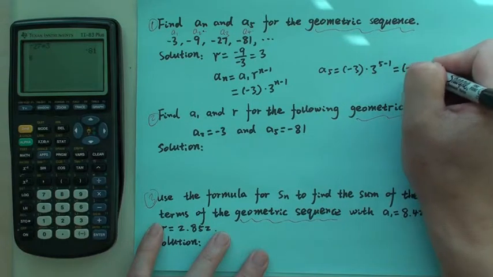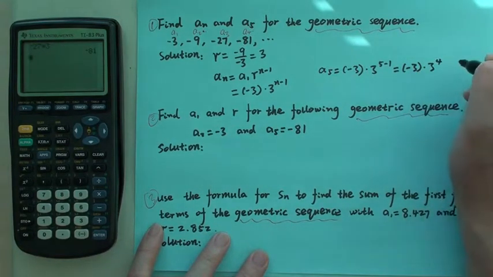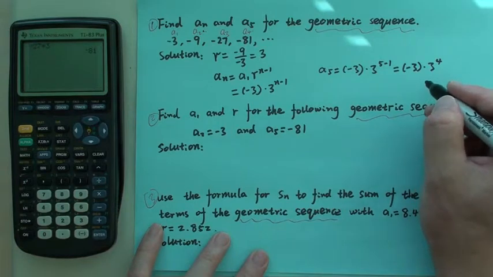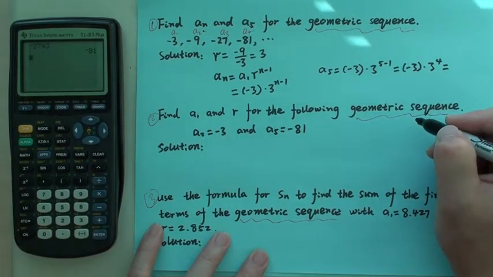So what do we get? Negative 3 times 3 to the 4th. 3 to the 4th is 81, and then times negative 3.